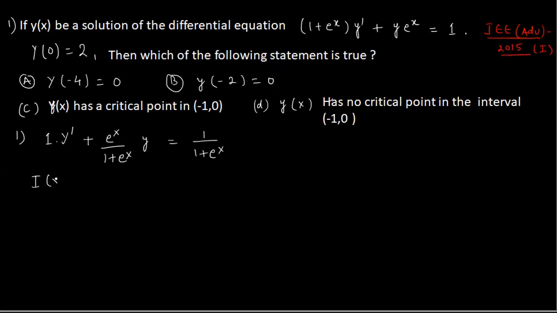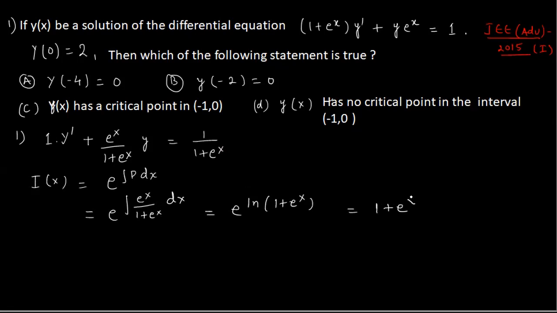Here the integrating factor is equal to e raised to the power integral of p dx, which becomes e raised to the power integral of e raised to the power x upon 1 plus e raised to the power x dx, which becomes e raised to the power ln of 1 plus e raised to the power x, which becomes 1 plus e raised to the power x.